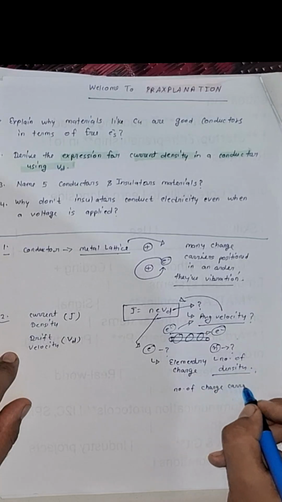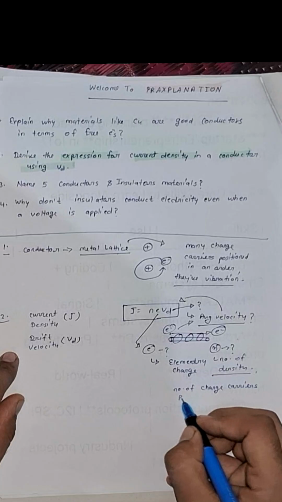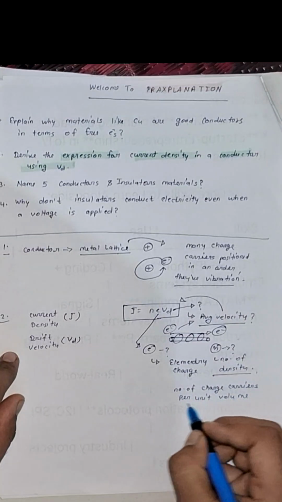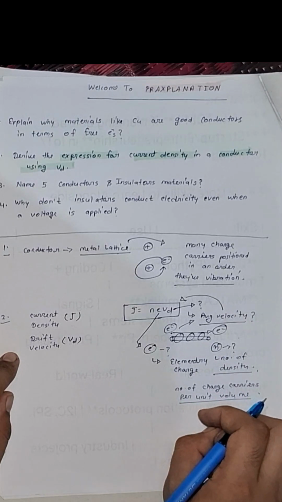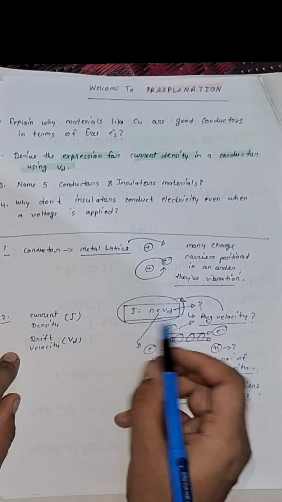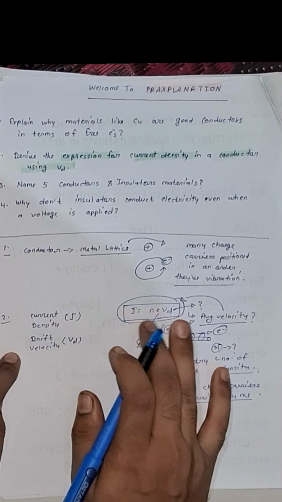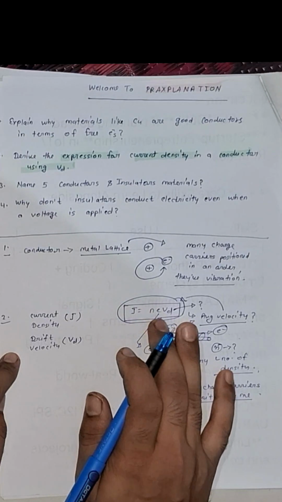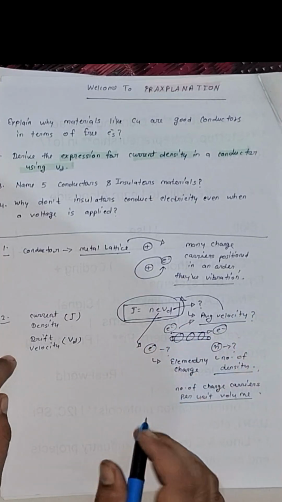Now understand this expression J equals n e Vd. It means that the current density J is defined as the amount of electric current flowing per unit area of the conductor.